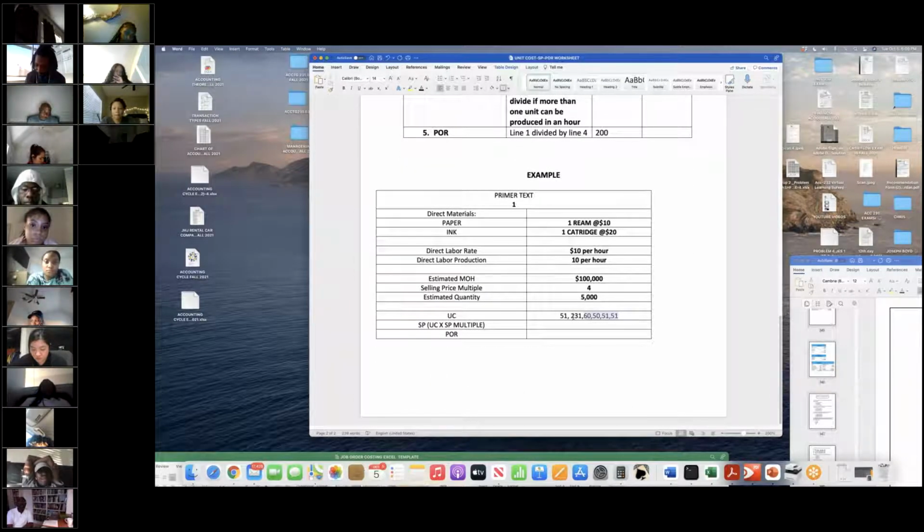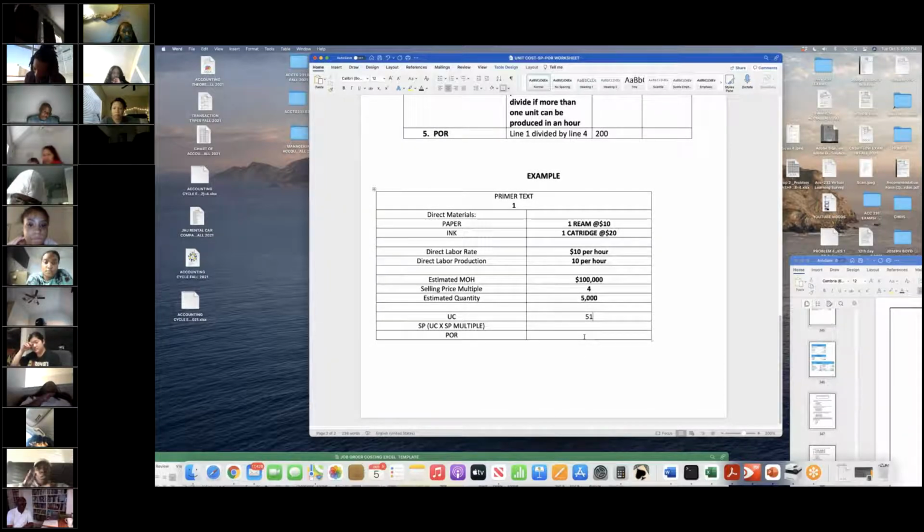And so I guess the first number we got was correct. 51. The POR we said was what? 200. And what's our selling price going to be? 204.